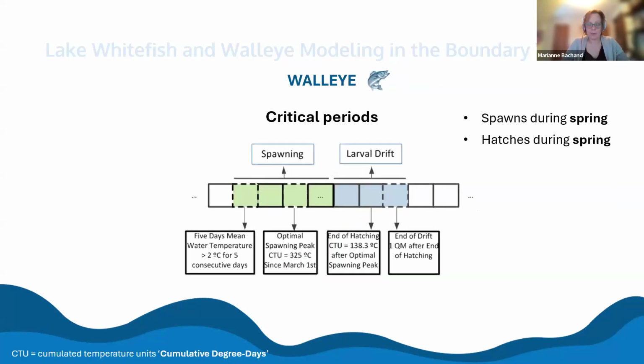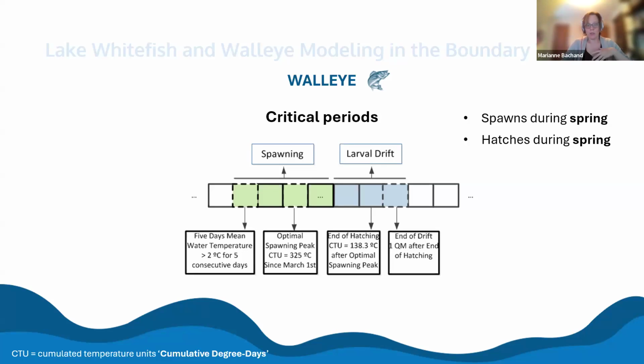So when we develop a performance indicator, we always try to find the period that is critical when you're changing the water level or water flow. So for walleye, we chose spawning and larval drift. And for every year from 1950 to 2012, we needed to determine when spawning was occurring.